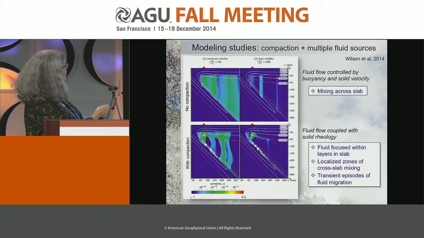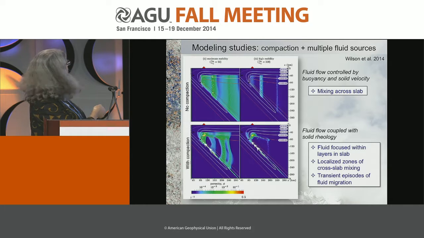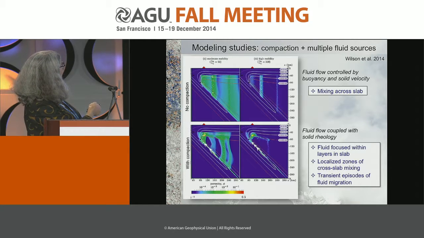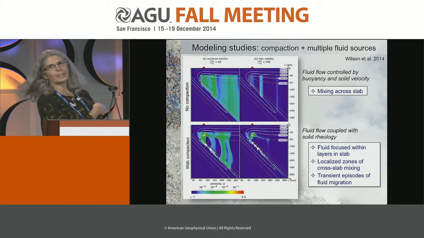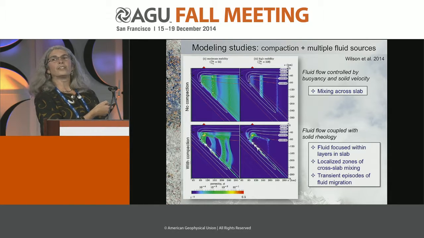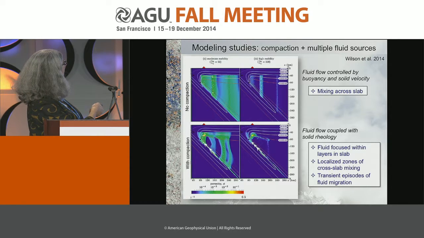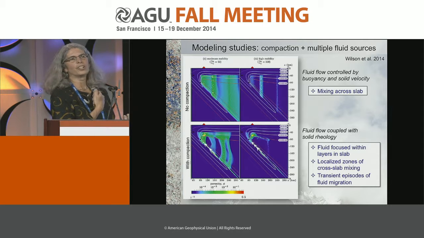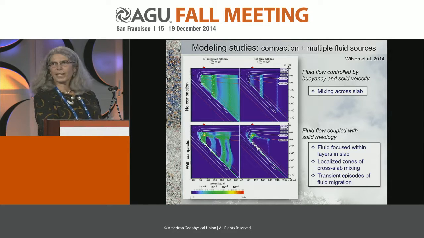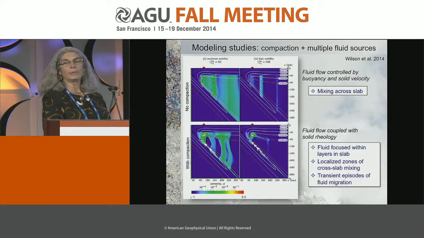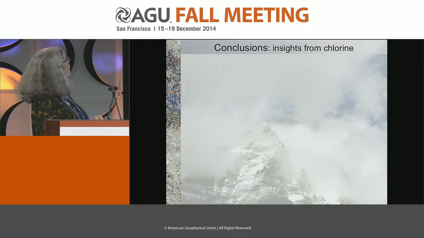But when the solid rheology is incorporated into the model, again you see a zone of strongly concentrated fluid flow that's up dip within the slab. This is going to tend to preserve isotopic compositions on a large scale. But then there are areas of very focused cross-slab fluid migration, and these are the places where we might expect to see that the chlorine isotopes are going to be reset by mixing.